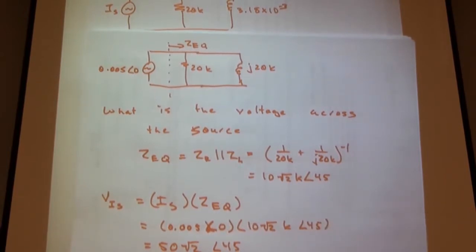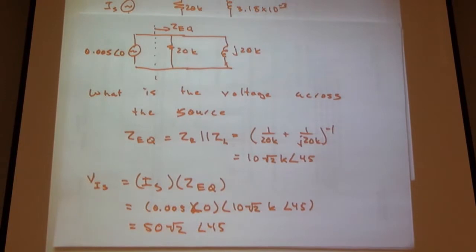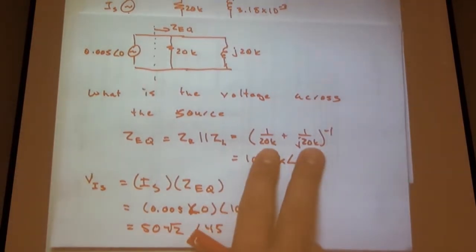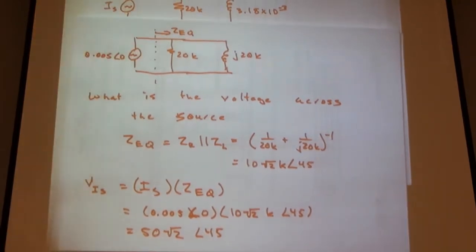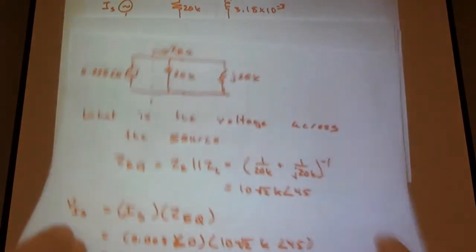Once we have our impedances, we do this using whatever relationships are appropriate. We have inverse relationships. We can do that in phasor form as well. Actually, maybe it's worth just looking at that for a second.